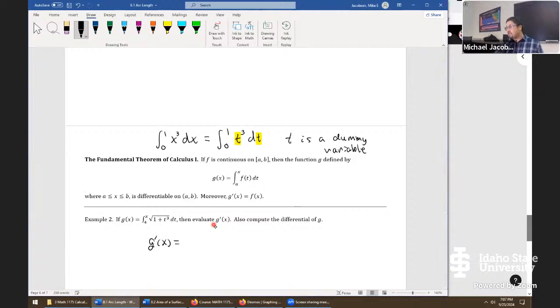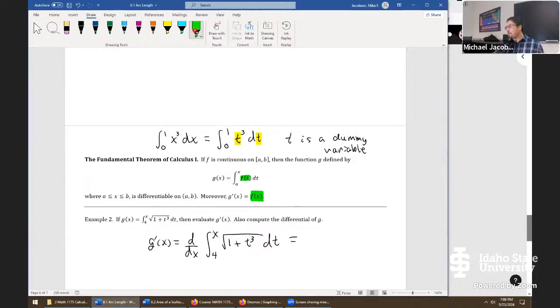G prime of x, if you like Leibniz notation, you'd be saying it's the derivative with respect to x of the integral function that goes from 4 to x, root 1 plus t cubed dt. This step in the middle is not required, but it's kind of cool because it's a way to think of integration as an inverse process to differentiation, the d by dx. We have a type of cancellation, and what we get as a result is f of x.